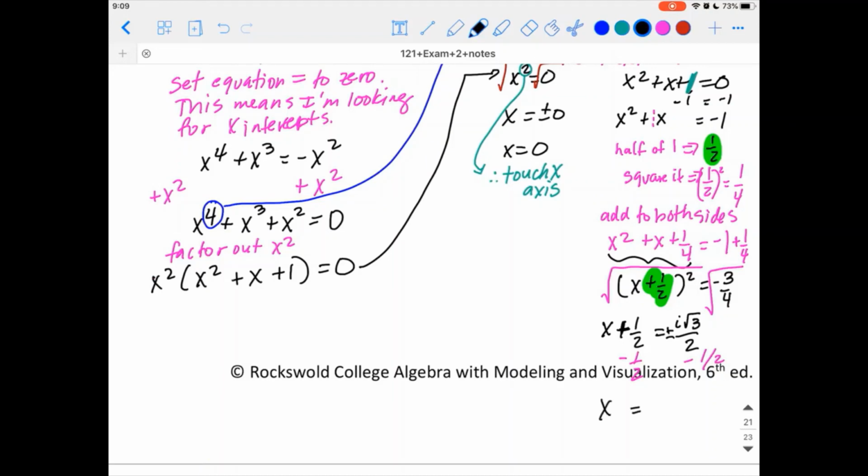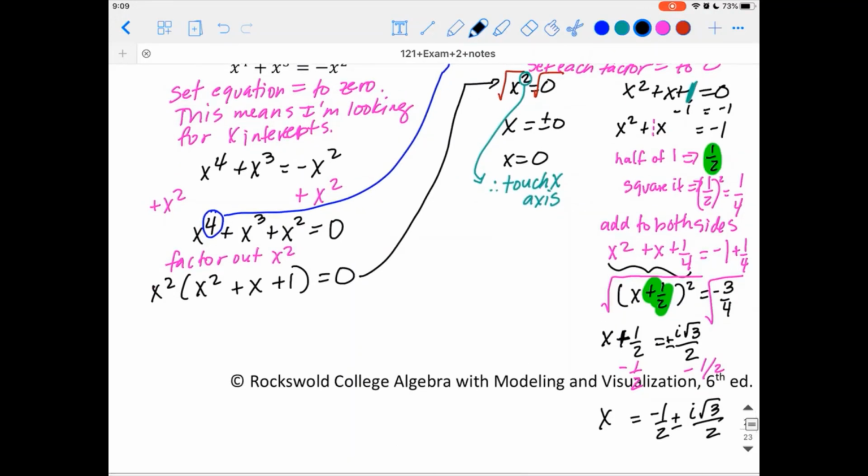I'm left with x is equal to negative 1/2 plus or minus i square root of 3 over 2. So I have two imaginary numbers right there. My final answer is x equal to 0, repeated twice, and negative 1/2 plus or minus i square root of 3 over 2.